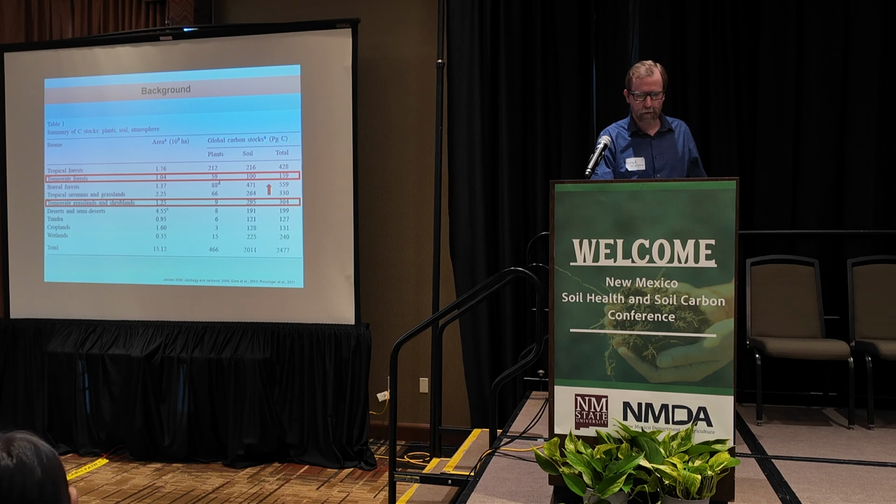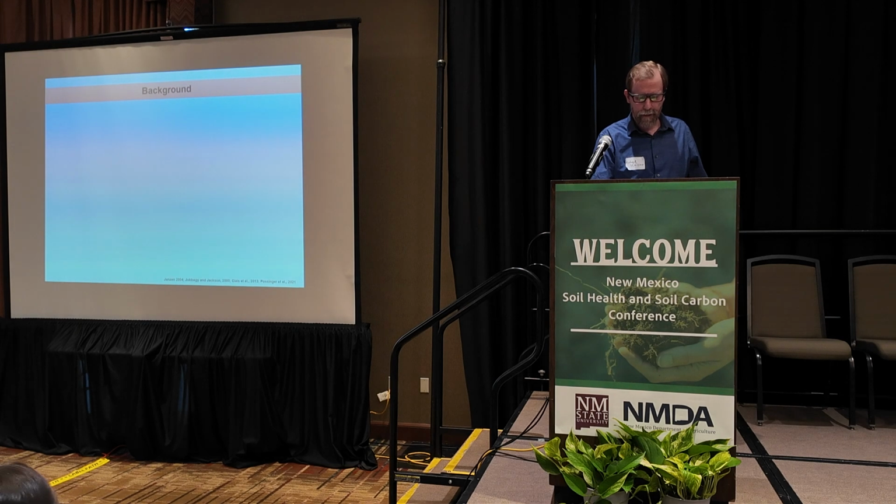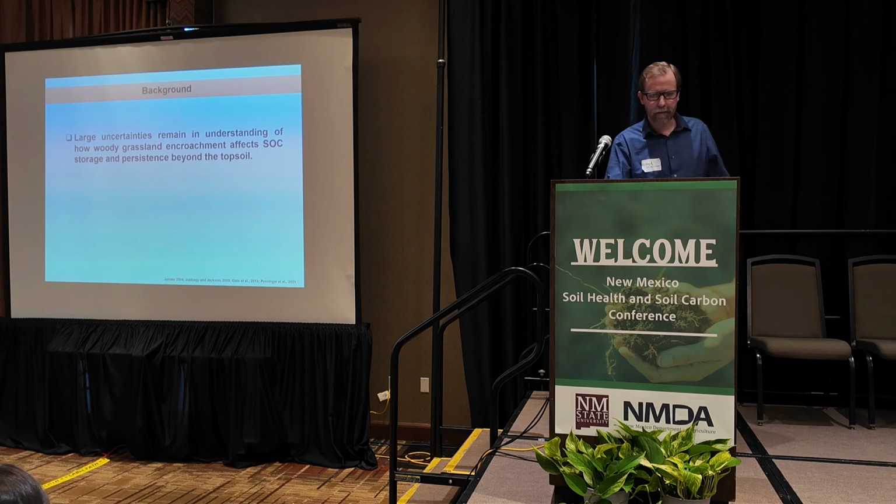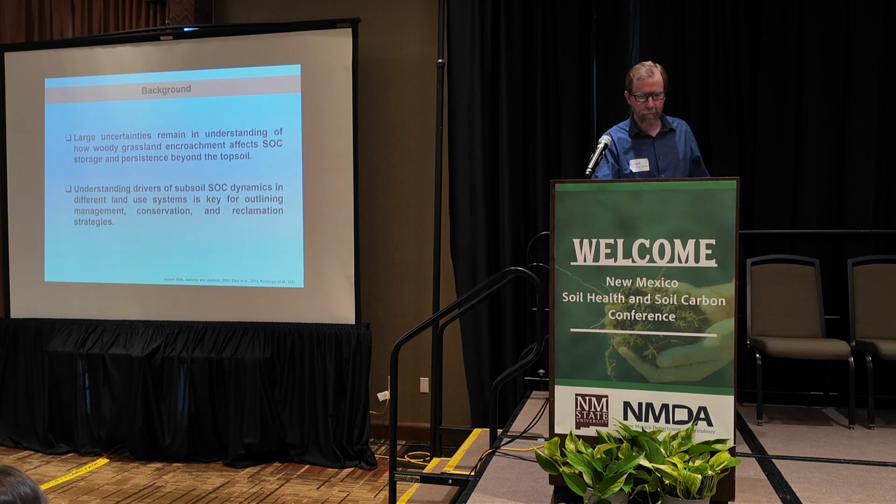It goes in total from 300 to 160 because you're losing a lot of carbon in your soil, right? So here, large uncertainties remain in understanding of how woody grassland encroachment affects carbon storage and persistence beyond the topsoil.